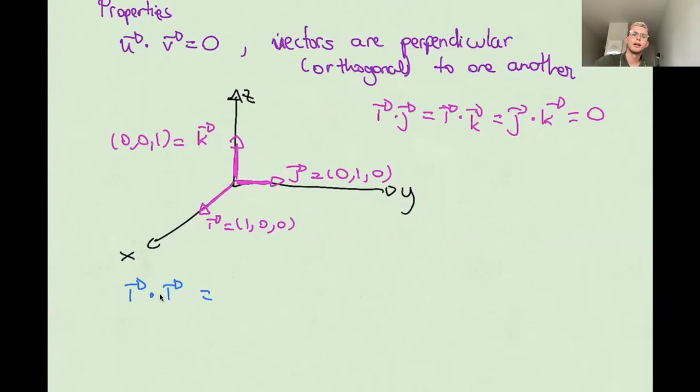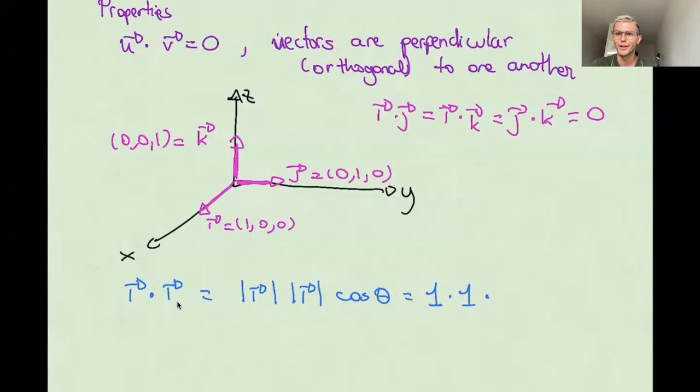Now, for example, what is the dot product of i with itself? If you use the definition, it would be the product of the magnitudes or the norms of i times the cosine of the angle of i with itself. What was the size of i? It was 1, if you remember. So you get 1 times the cosine of the angle.